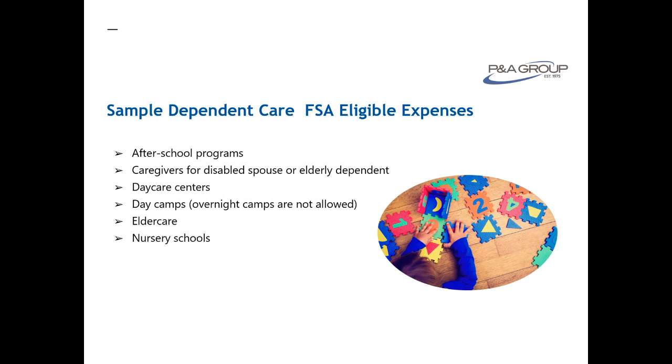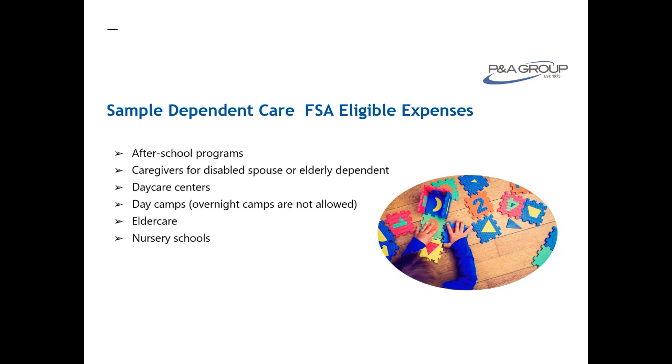One thing I want to touch on here is we've received a lot of questions regarding virtual camps. And the IRS has a series of tests to determine if a dependent care expense is eligible. The first one is, do they require adult supervision to participate in that activity? And with virtual camps, the IRS stance is that they are still at home with either a parent or a caregiver.